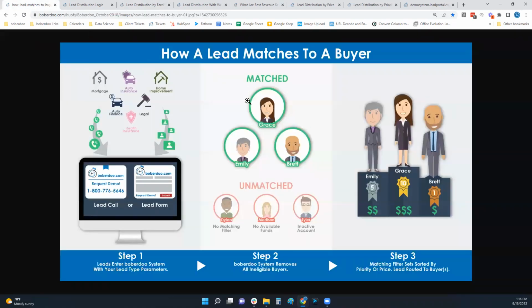And when there are multiple matches, we are sorting it by the filter set that has the highest revenue per attempt. So things like duration or ring timeouts will punish those buyers that are not as successful as those that do not have those restrictions on there.